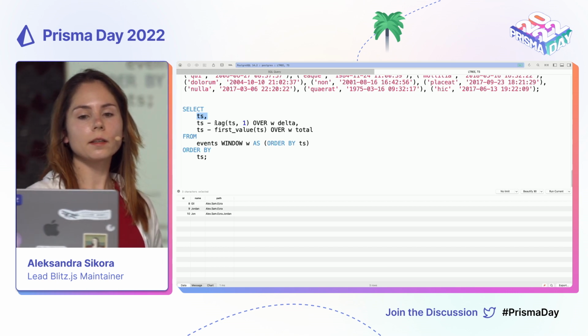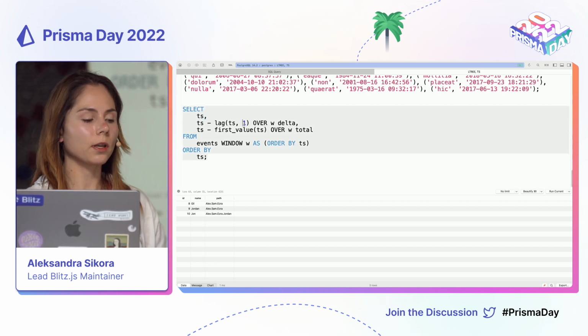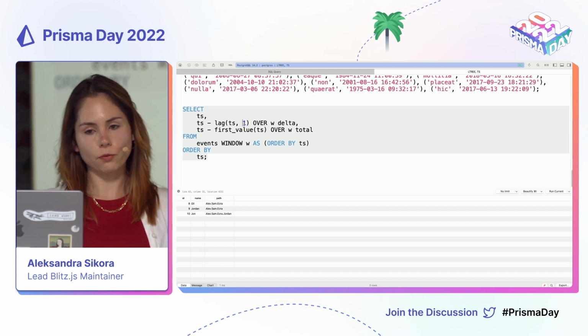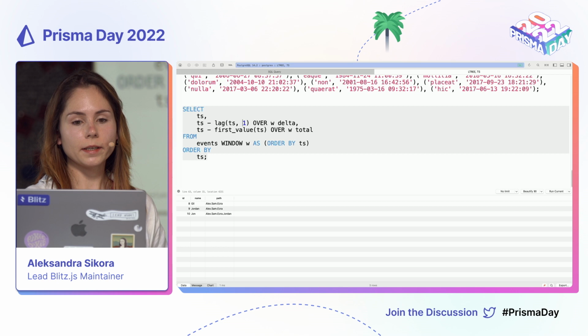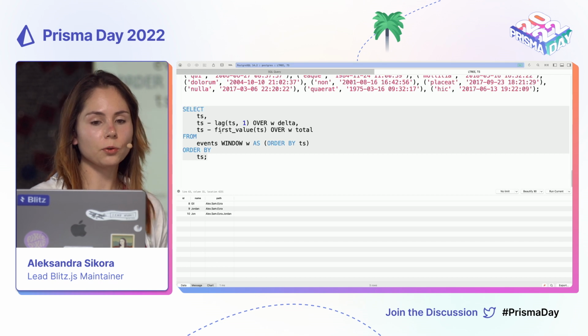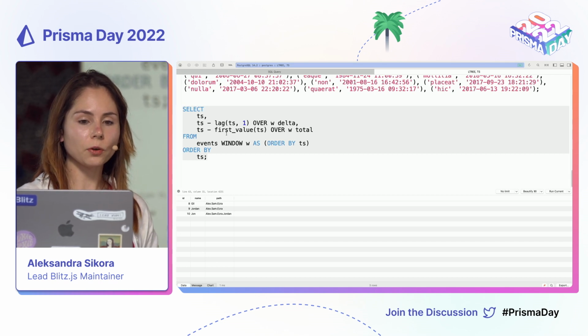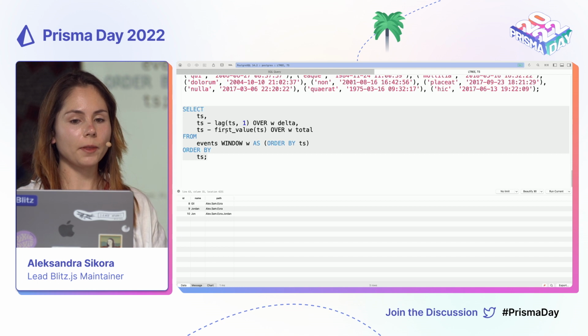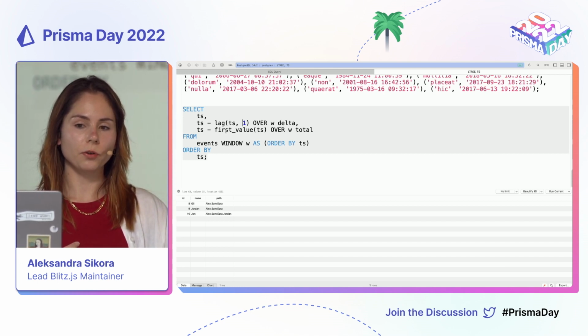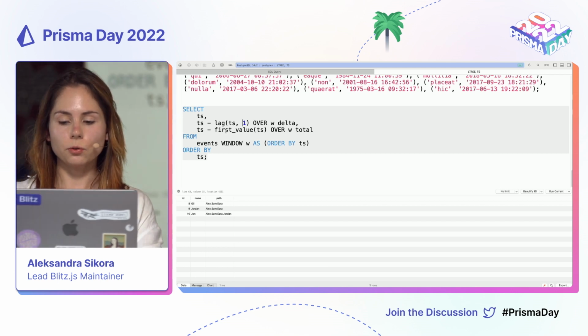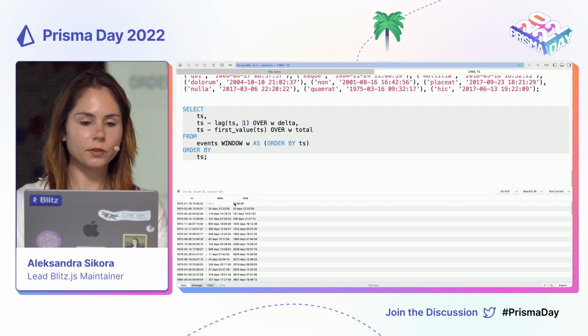The second argument is 1 because I want one row before. I'm calling it delta, and then I also used another window function called first_value, which will give me what I wanted for the second example: how much time passed since the very first event. So if I run it, I hope you can see it.